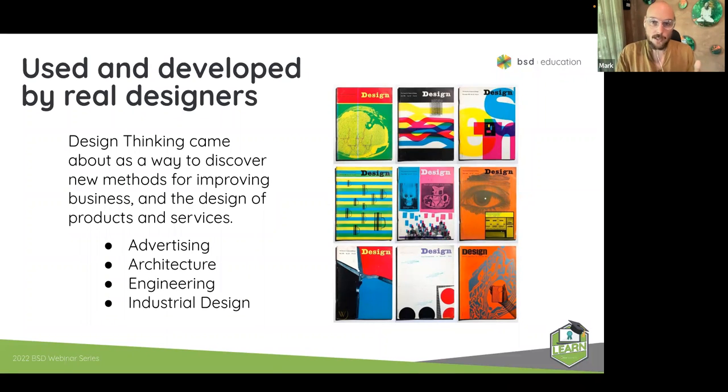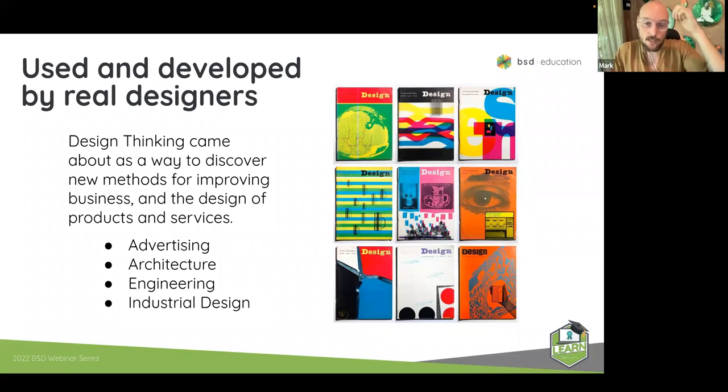Design magazine was one way for designers around the world to connect, communicate, collaborate, and share different examples in design, but also codified methods of design. So it was during this time that these methods started to be shown and used more widely.